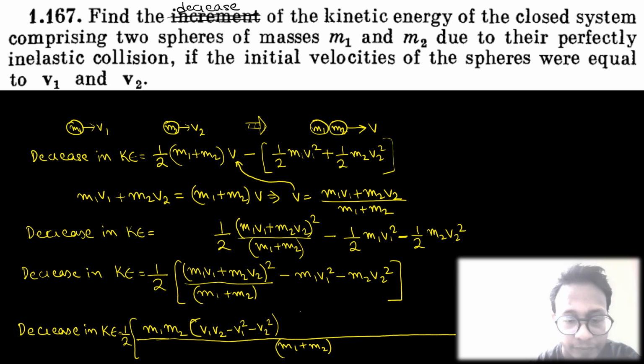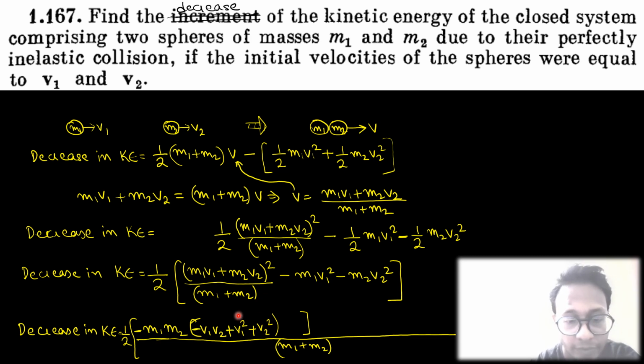See, if I take minus common out here, that means I'm taking minus common from this term. It will be nothing but v1 square plus v2 square minus v1 v2. So if I take minus common, this would become plus, this would become plus, and this would become minus.